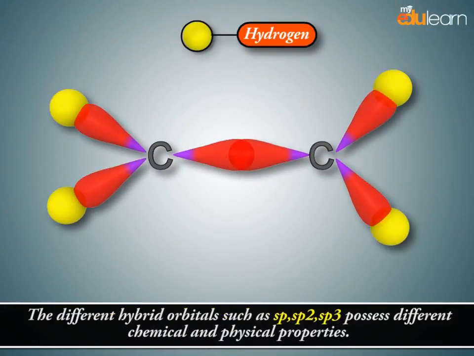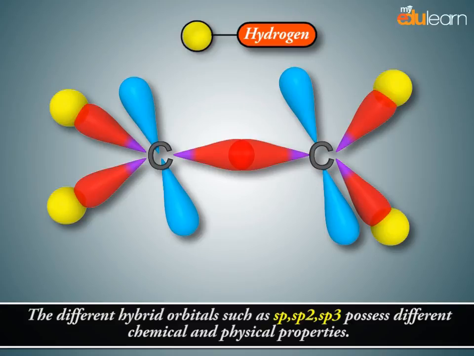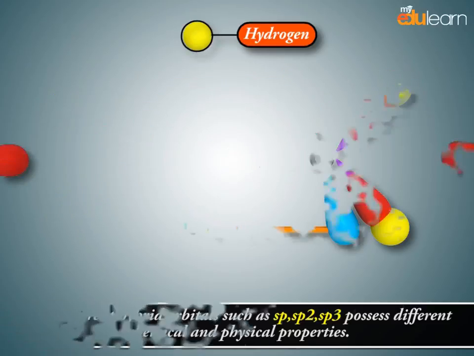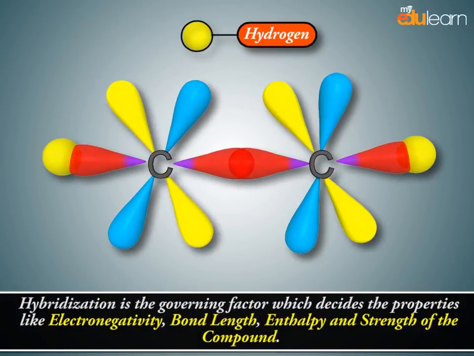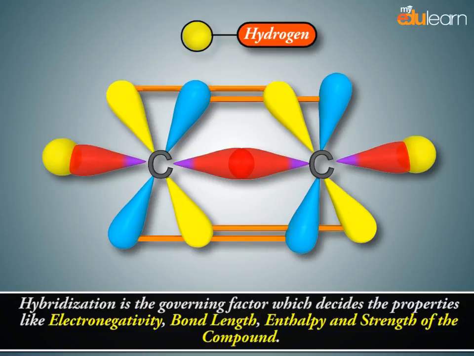The different hybrid orbitals such as sp, sp2, sp3 possess different chemical and physical properties. Hybridization is the governing factor which decides properties like electronegativity, bond length, enthalpy, and strength of the compound.